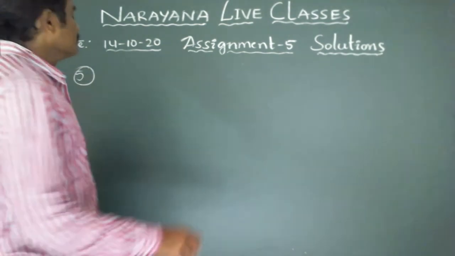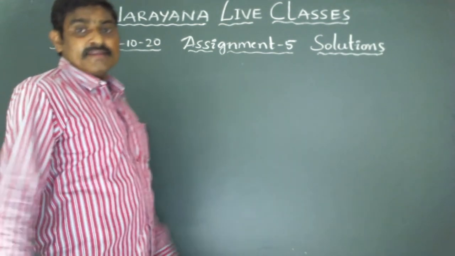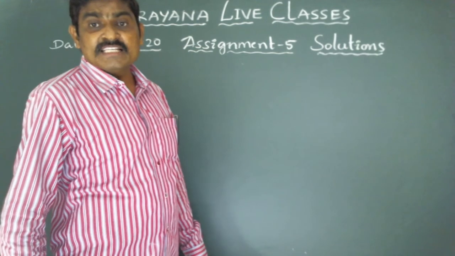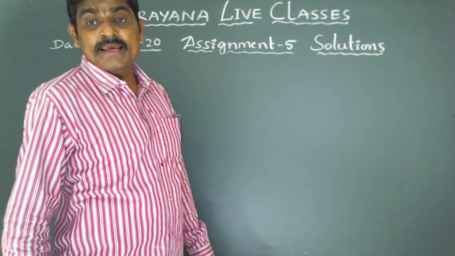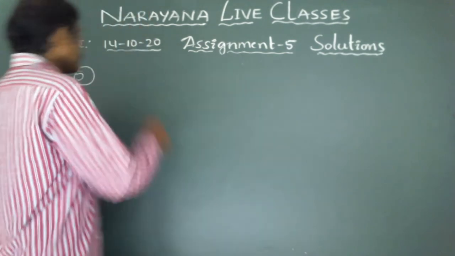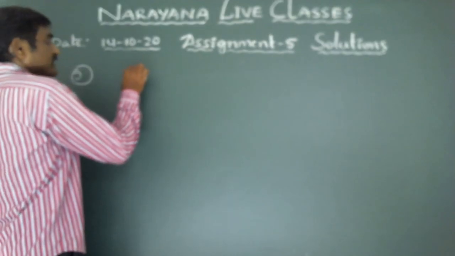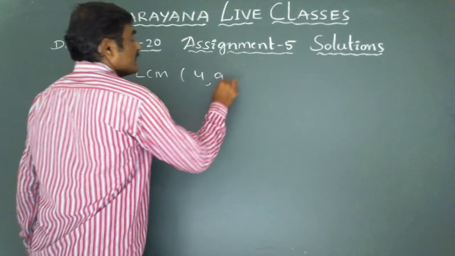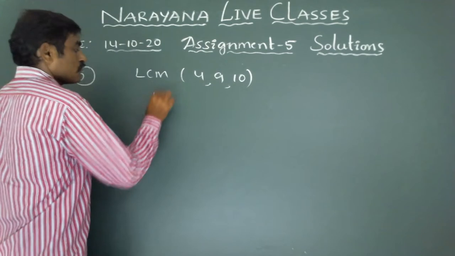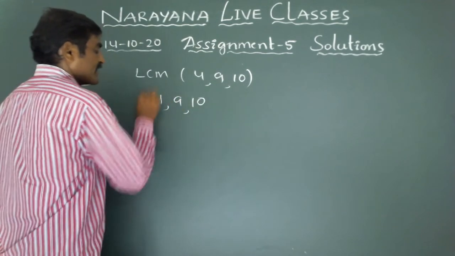Now see here, what numbers are given? 4, 9 and 10. First, let us find the LCM of 4, 9, 10.